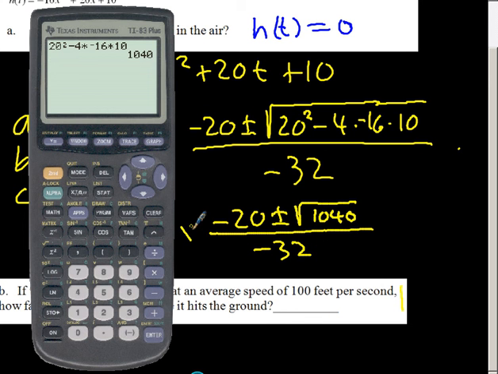Okay, so just be careful with all the negatives there, right? So 1040, calculator is not rounding anything off, so I'm going to do the whole thing up top now. Negative 20 plus the square root of 1040, close, divided by negative 32.